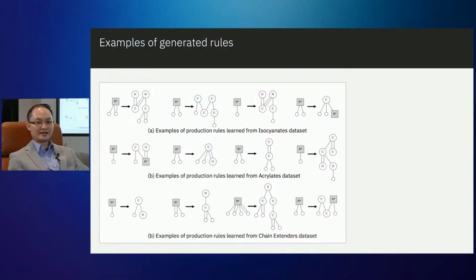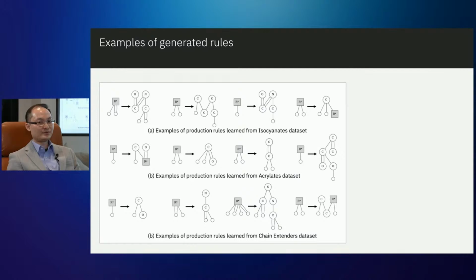Speaking of isocyanates, let's look at what exactly these production rules are, because we're all curious. Why do I exactly generate isocyanates? We play with three data sets here, and we show some of the example production rules that we learned from the training sets. If you look at, for example, the top rule, this is for isocyanates.